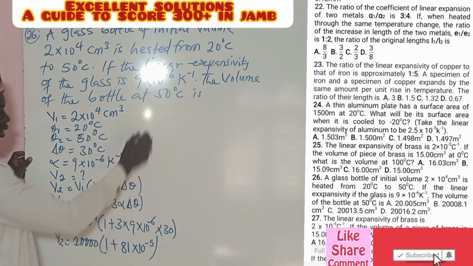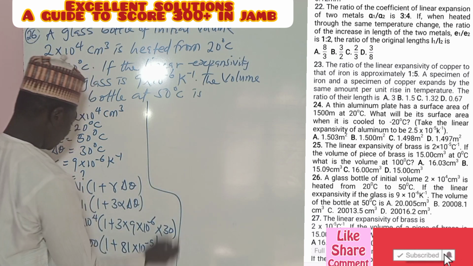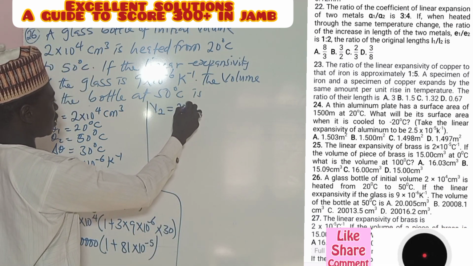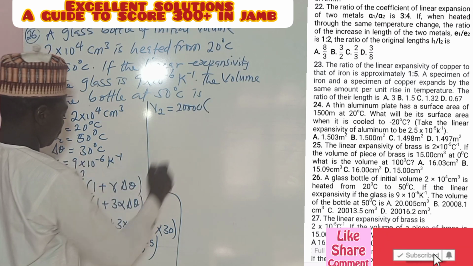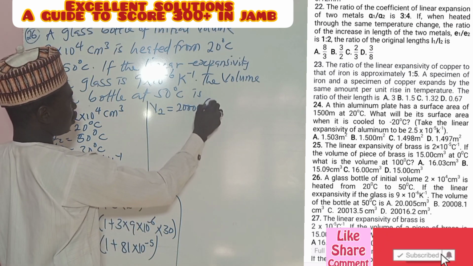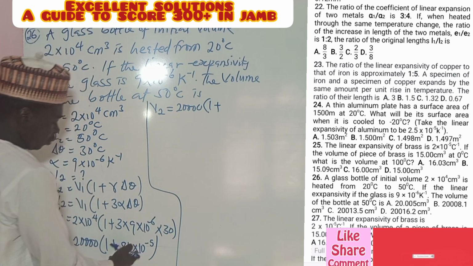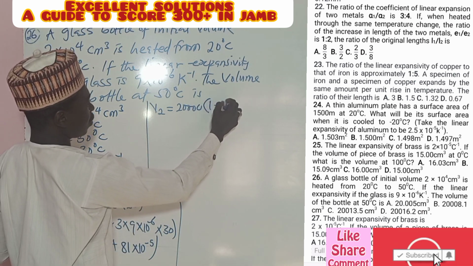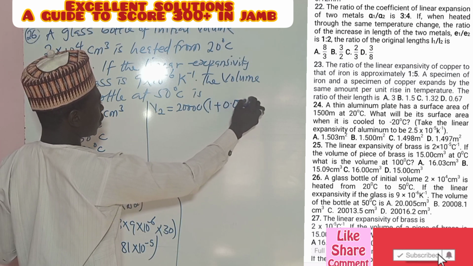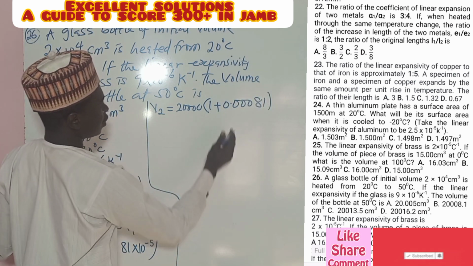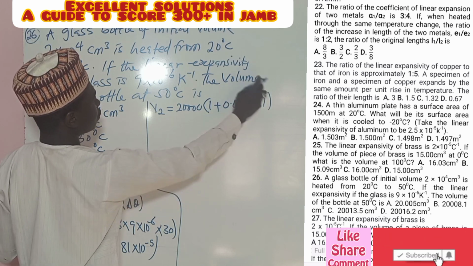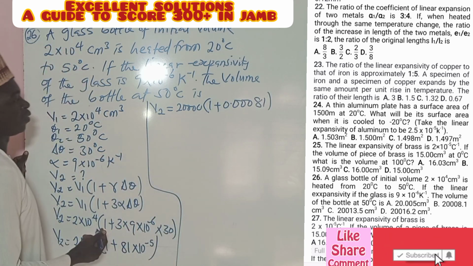So this is the same as having V2 equals 20,000 bracket open 1 plus, this one we take our point backward 5 times. This is the same as 0.00081. Taking this point backward 1, 2, 3, 4, 5. So each is minus 5.